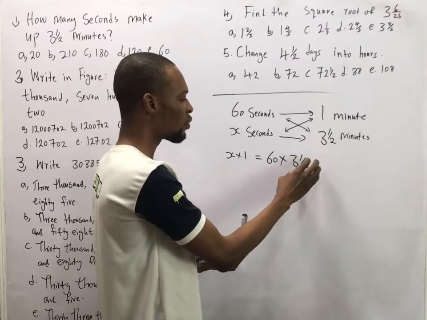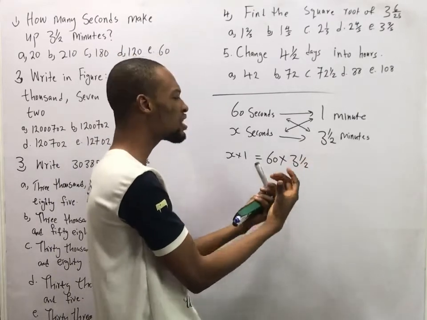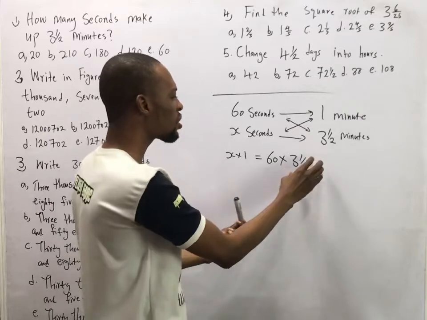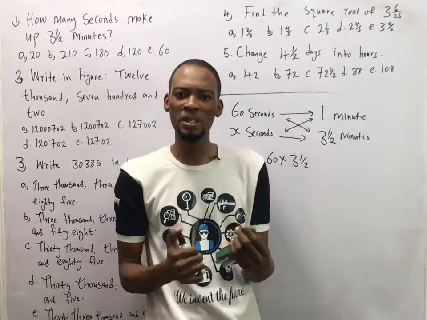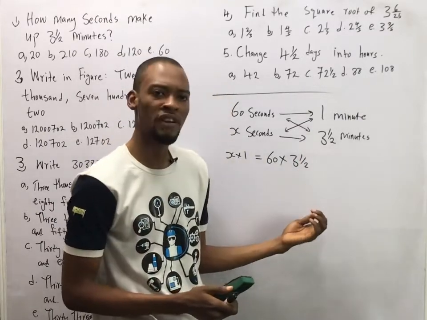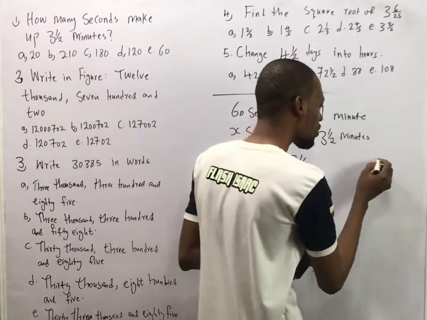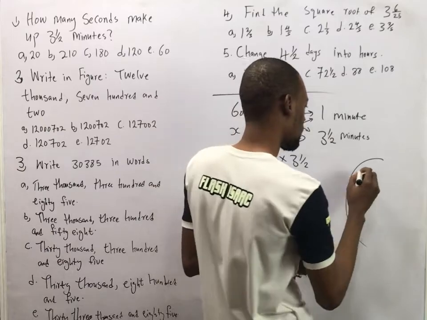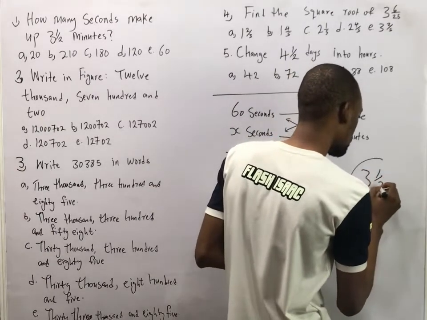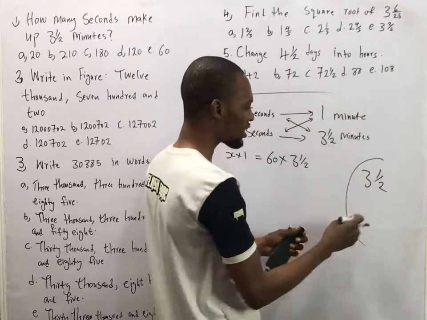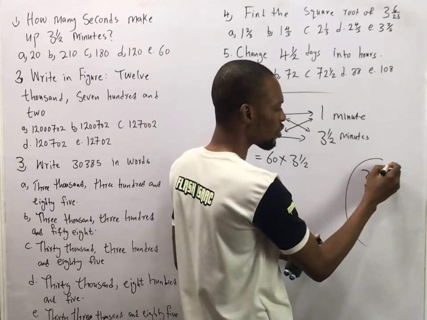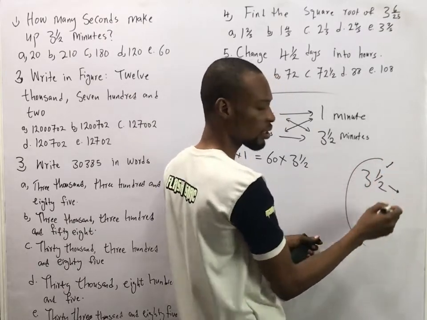In mathematics, when you have something like this, it is called a mixed fraction. So we don't solve with a mixed fraction. We convert the mixed fraction into an improper fraction. So if you are given any fraction like 3 1/2, this is how you convert it to an improper fraction. The 3 is the whole number, this is the numerator up and this is the denominator down.